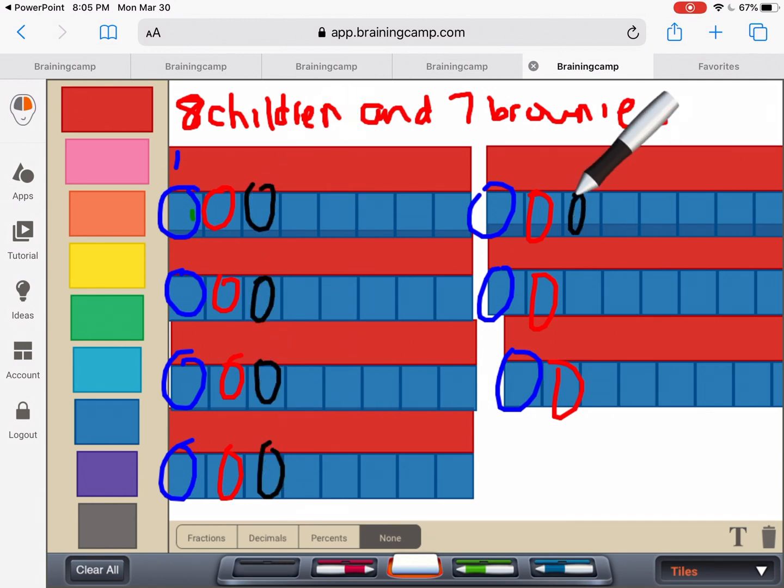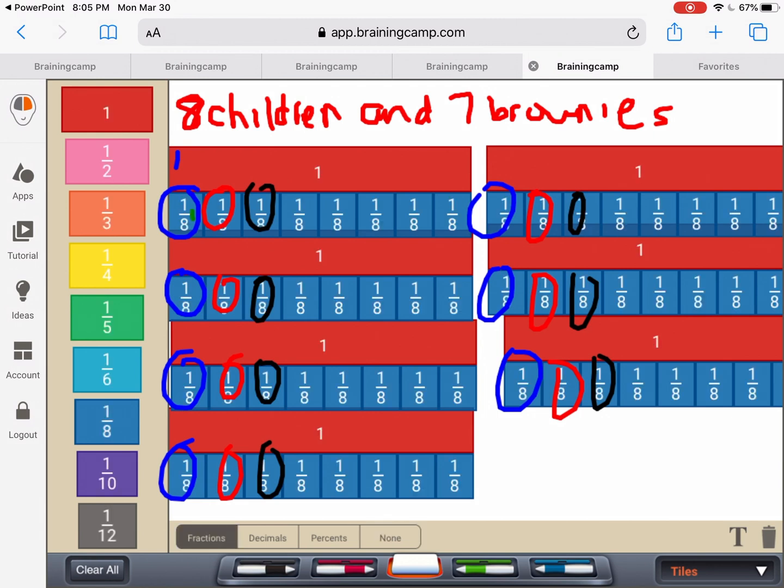And we could keep doing that. How much of a brownie is each child really going to get? So if those are 1/8, that's 1/8 plus 1/8 plus 1/8 plus 1/8 plus 1/8 plus 1/8 plus 1/8, which is the same thing as 7/8 or 7 1/8 pieces. So they're each getting 7/8.